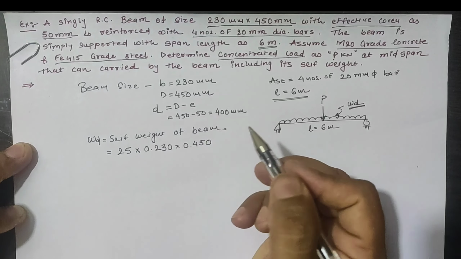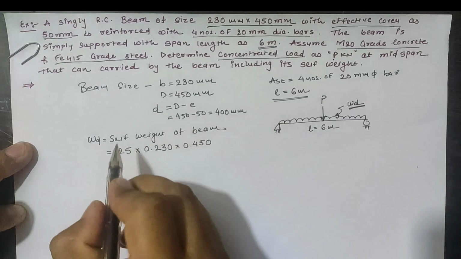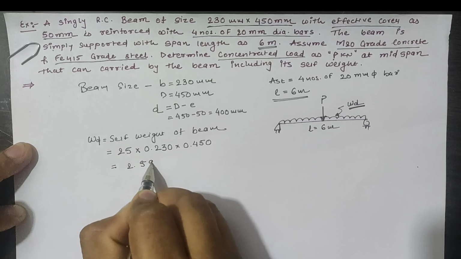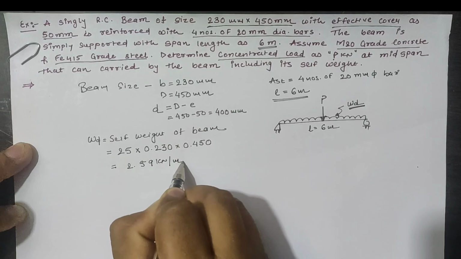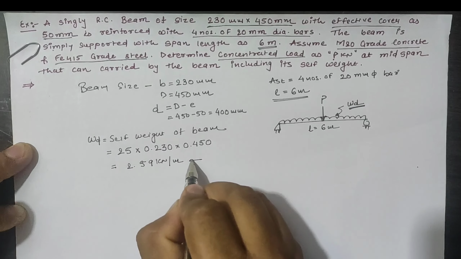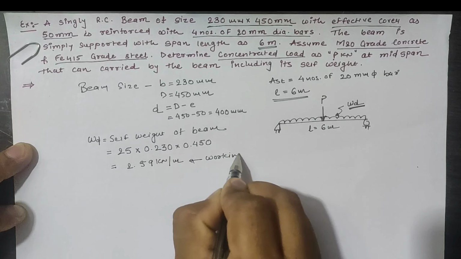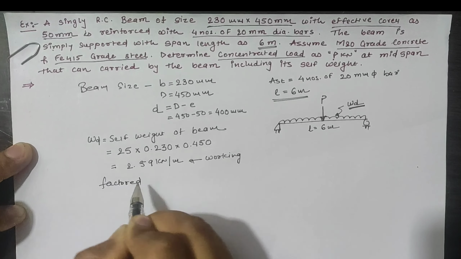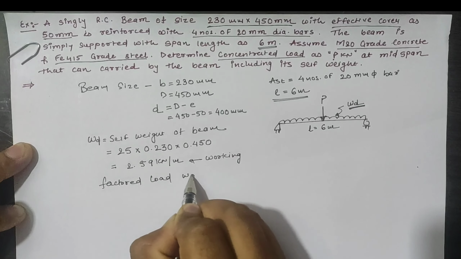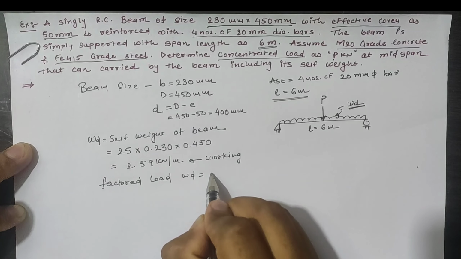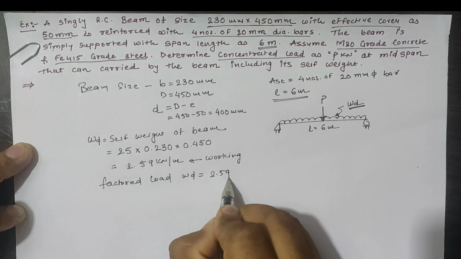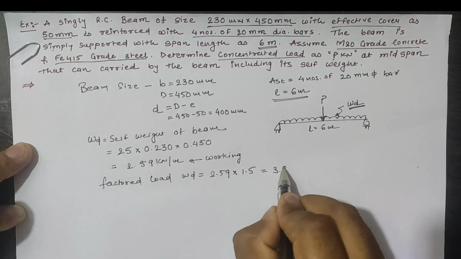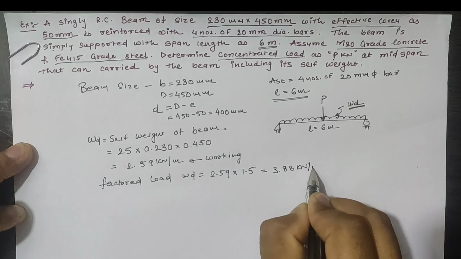450 as a overall depth in terms of meter, which is equal to 2.59 kilonewton per meter. Now this load is working load, so let us convert it in the factor load, which is equal to this working load into factor of safety as a 1.5, which is equal to 3.88 kilonewton per meter.